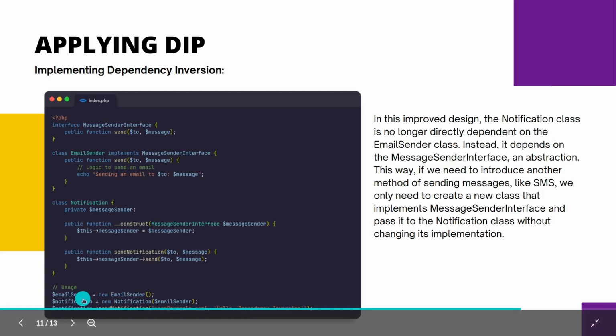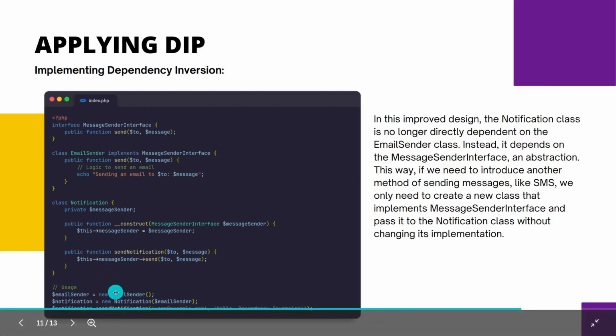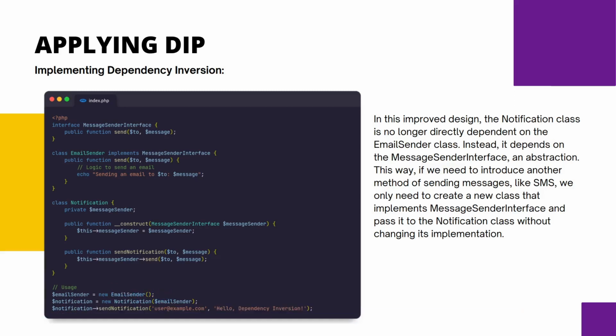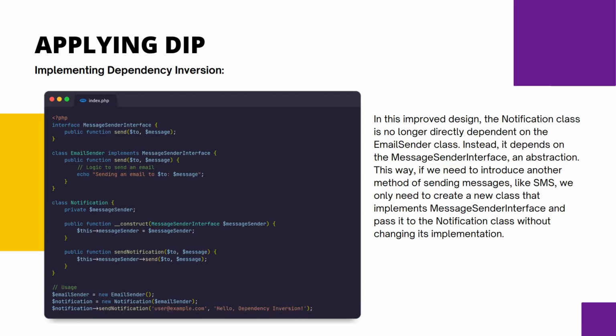So here we can just call notification, send notification, passing the parameters, and if we need to change the way to send the notification, for example to SMS, we just need to change it here, where we say the way that we want to send the notification when we instantiate the notification class. Just changing it here will change the way the notification is sent from email to SMS.